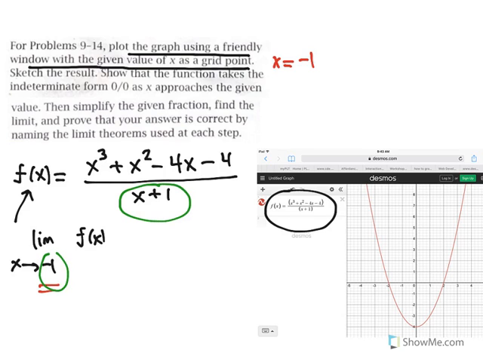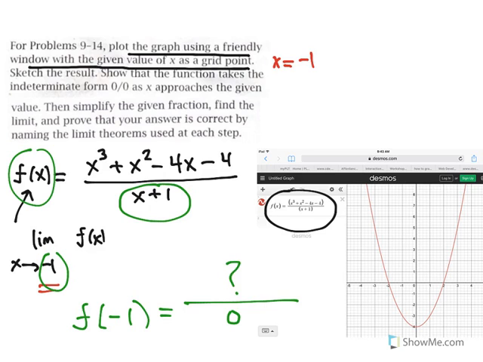The reason we have a gap at x equals -1 is that if you were to evaluate f at -1, the denominator would be 0. You can evaluate the numerator, but whatever it might be, you cannot divide by 0. So the function is not defined at x equals -1, and the graph would actually have an open circle, or a gap, at x equals -1.